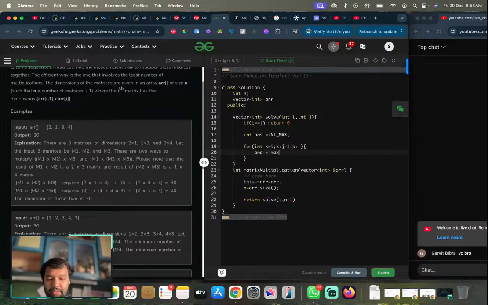Also max of solve of k comma, starts from I comma k of 0 comma.